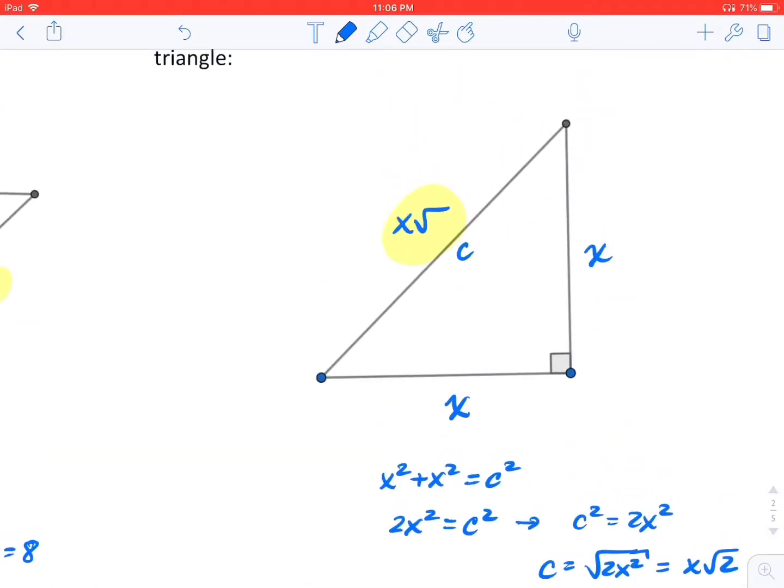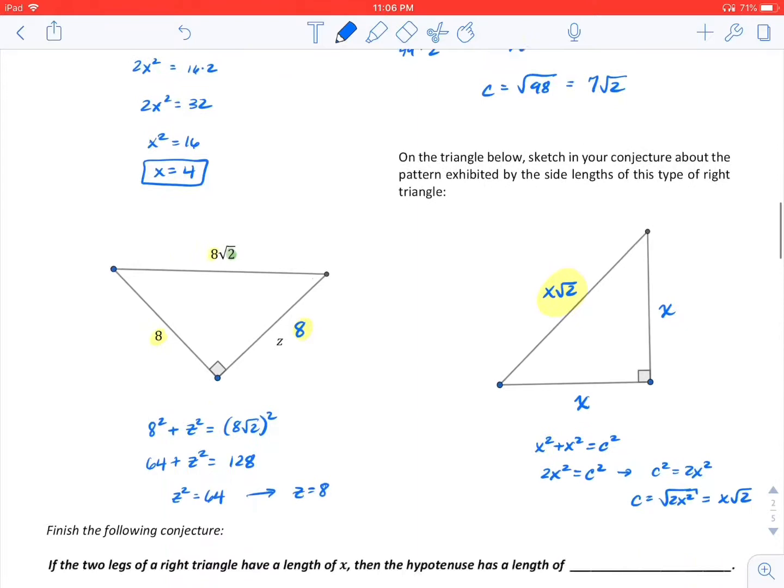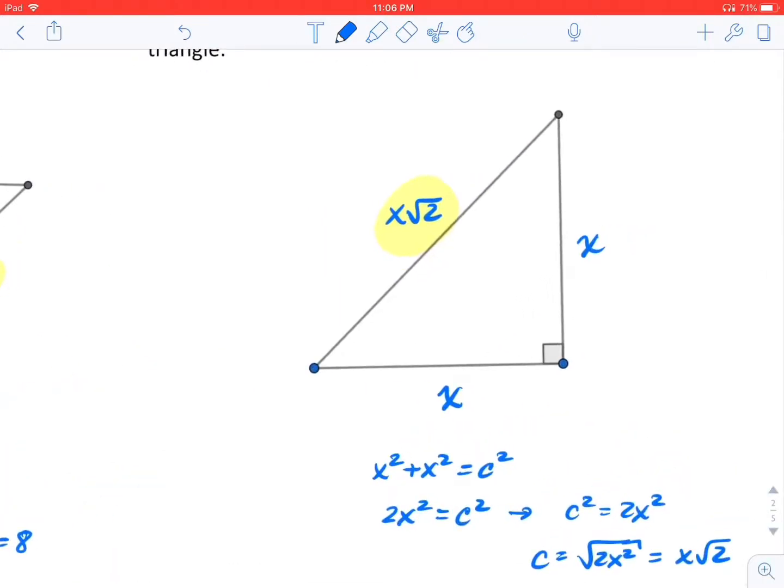And that's exactly the relationship that we happened to be looking at when we discovered those patterns above: if the two legs had the same length in a right triangle, the hypotenuse had to be that leg length, that x, times the square root of 2. This triangle has a very specific name. It's called a 45-45-90 triangle, just because it turns out that this is a 90-degree angle here because it's a right triangle.